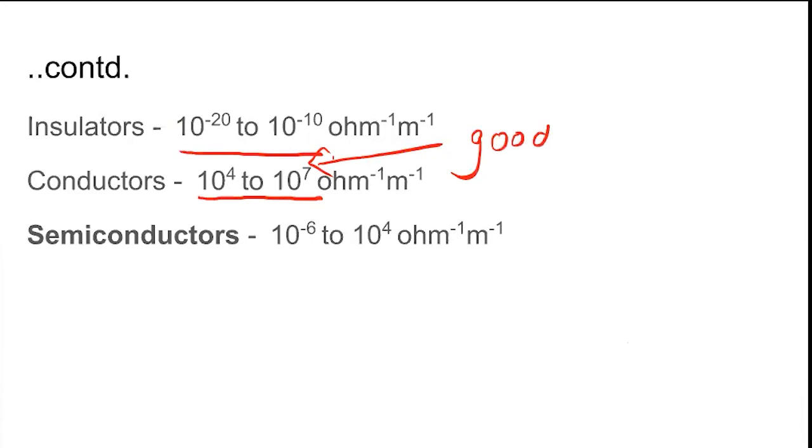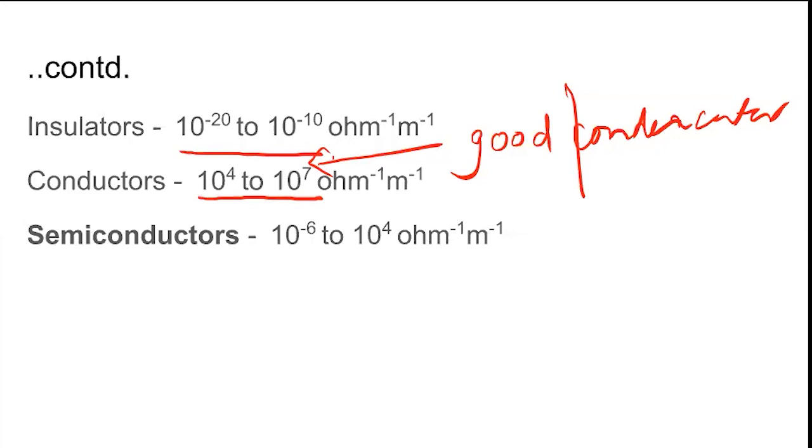Have you wondered why we call it good conductor and bad conductor? Because even every object allows a specific amount of charge or heat to transfer through it.